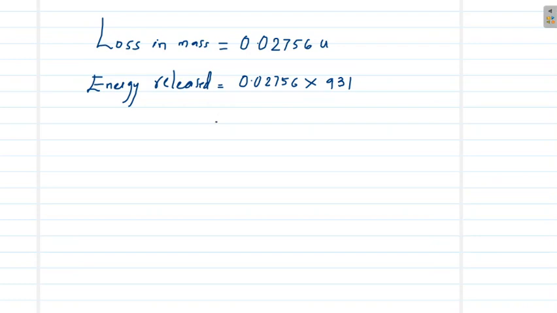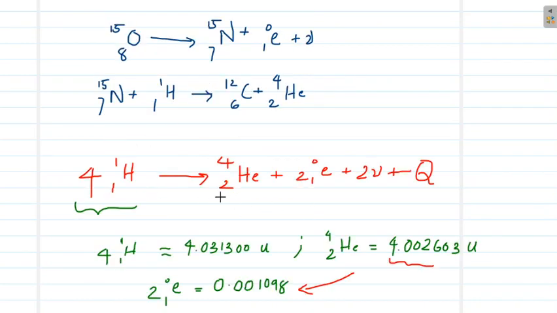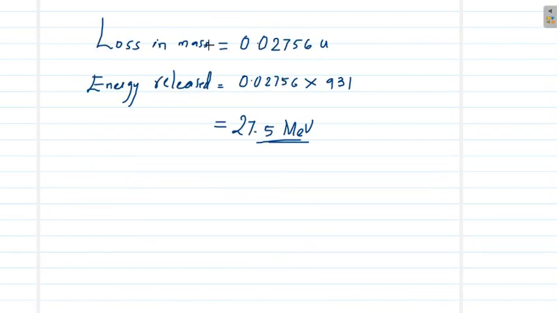So it will give you 27.5 mega electron volt. So in each nuclear fusion process happening in the sun, like 4 protons combining to form one helium nucleus emitting 2 positrons and 2 neutrinos and a huge amount of energy, 27.5 MeV is the energy released in each reaction.